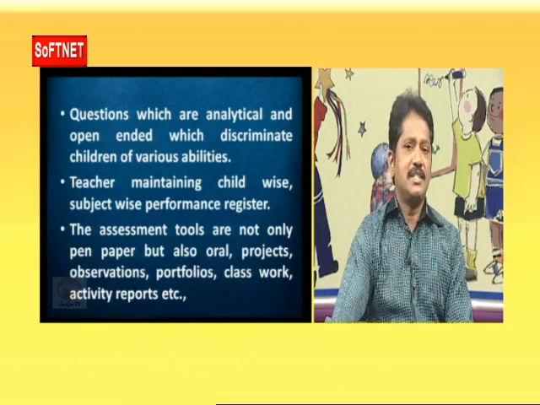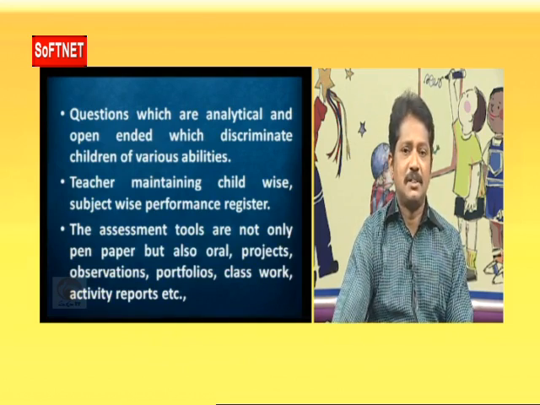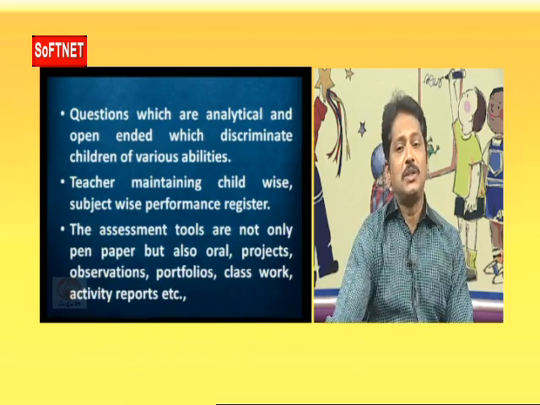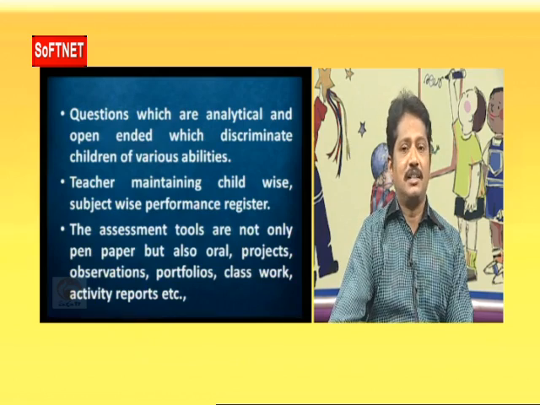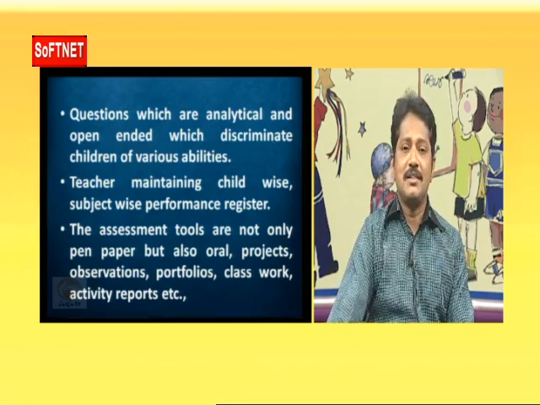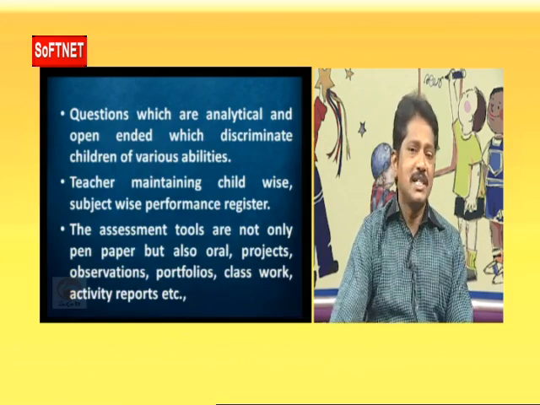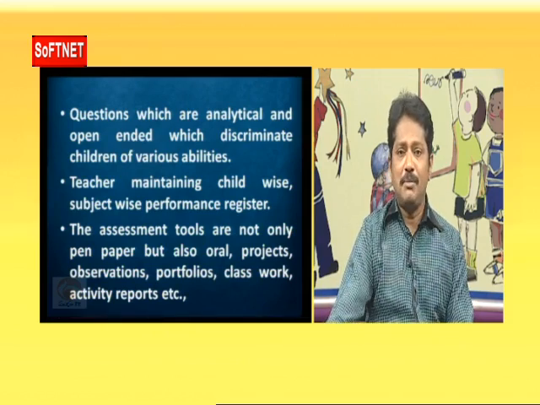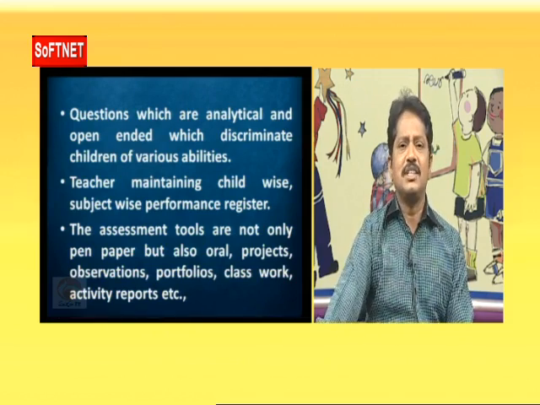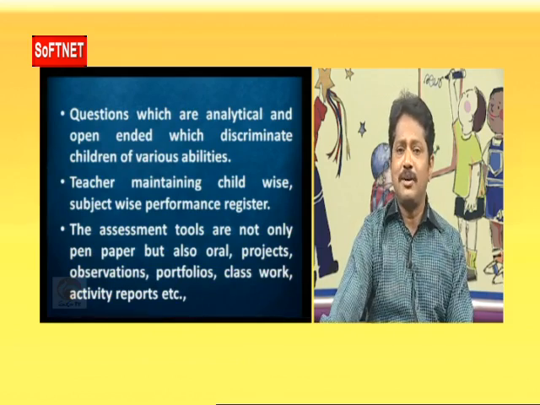In an oral test, for example, he has to explain a concept, distinguish between two concepts, or give some information about a concept. For example, 1729 is a Ramanujan number. What is its importance? How does the number have its importance? Here there is no written process; the children can say the answer orally.